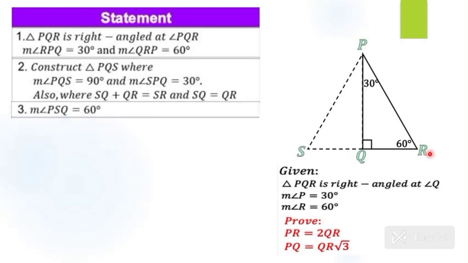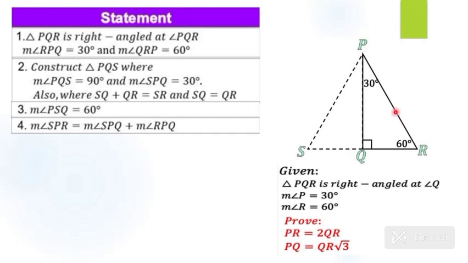Next, since we have the angle PSQ, where it is a mirror of our original triangle, then we also have an angle S which is 60 degrees. And the measurement of our angle SPR is equal to the measurement of angle SPQ plus angle RPQ.